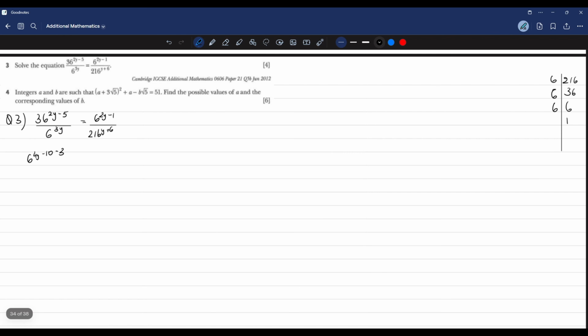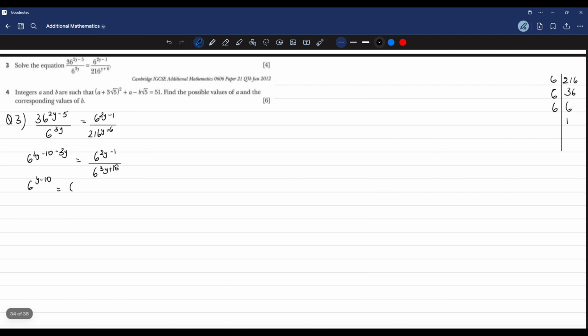So minus 3y as well equals 6 in the simplest form 2y minus 1 divided by, by the way, 6 raised to the power, what is 216? 3. So 3y plus, what is 6 multiplied by 3? It's equal to 18. 3y plus 18. So, if I were to simplify this again further, 4y minus 3y is equal to y minus 10.